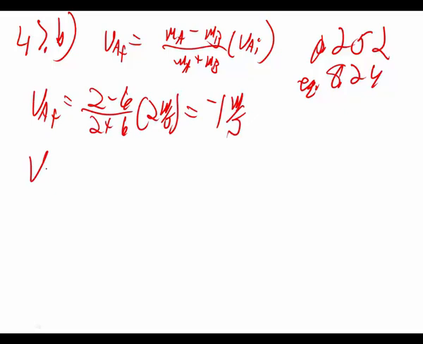Now let's do VB final. And the VB final is this equation right here. This is on the same page, 2MA over MA plus MB times VA initial.